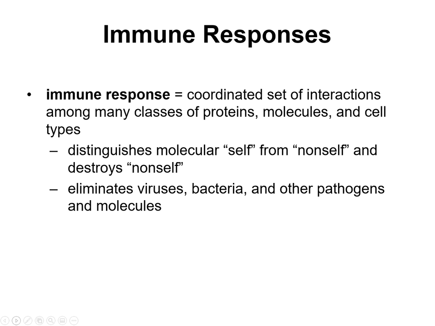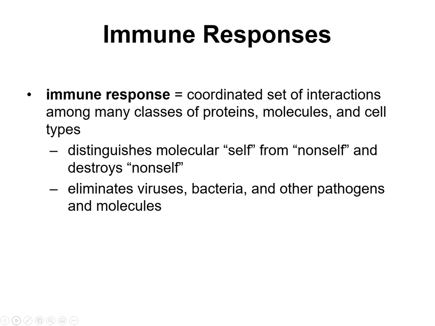In general, when we're talking about an immune response, we're talking about a highly coordinated set of interactions among several types of proteins, molecules, and cell types. So it's a big deal to mount an immune response. And the goal of your body is to distinguish the molecular self from the non-self and destroy all of the things that aren't you.